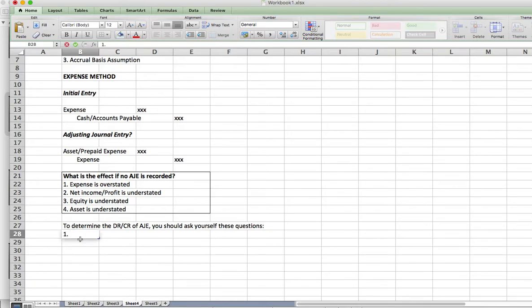Number 1, para sa debit side, para alam mo kung ano yung i-debit mo, tanong mo yung sarili mo, how much is the asset? Or how much is the remaining asset?